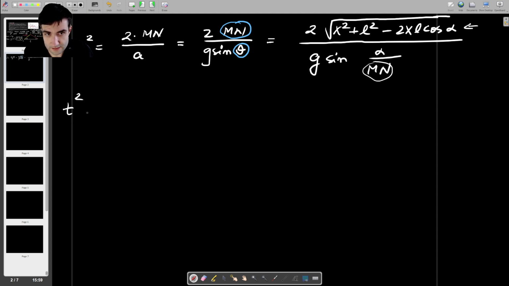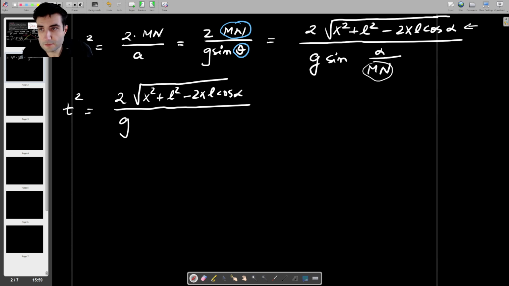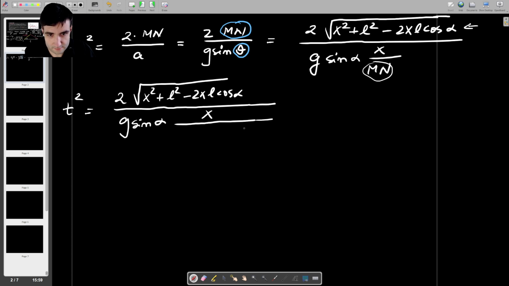So let's write that t squared is 2, and then we have the square root of x squared plus L squared minus 2xL cos alpha over g. I just realized I made a small mistake here. So this should be g sine alpha, and that's x over MN. So that's g sine alpha x over, and then we have that square root, which is x squared plus L squared minus 2xL cos alpha.